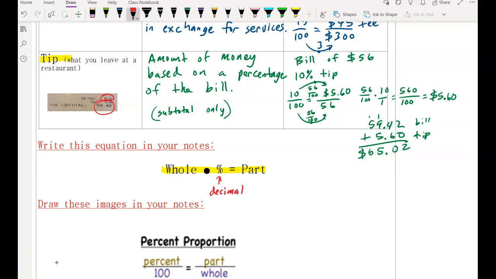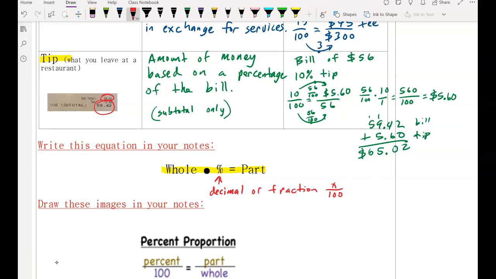And we will talk later about how to convert a percent to a decimal. So when you multiply the whole times the percent, you can find the part. Or you could always just leave it as a fraction, and that fraction would be something out of 100, so that's what percent is.